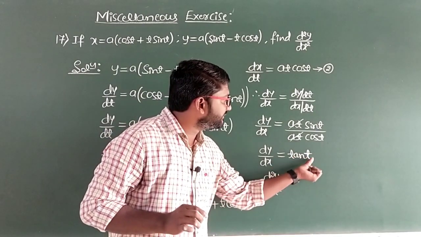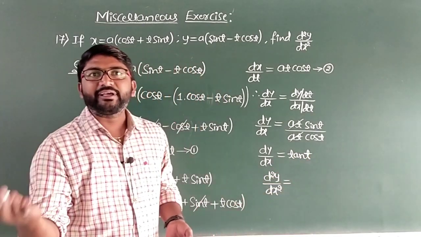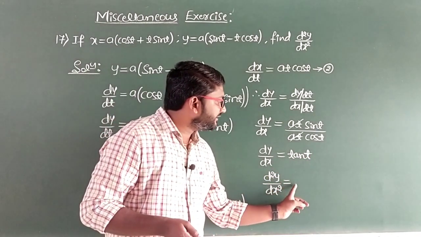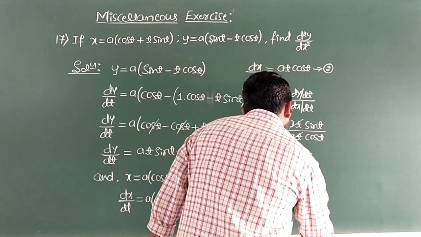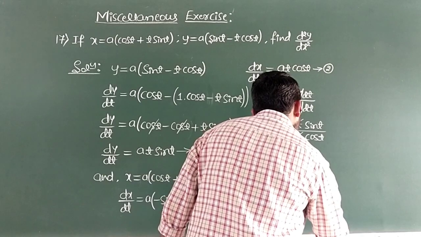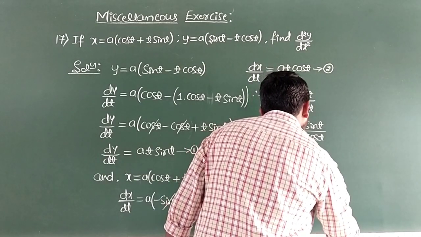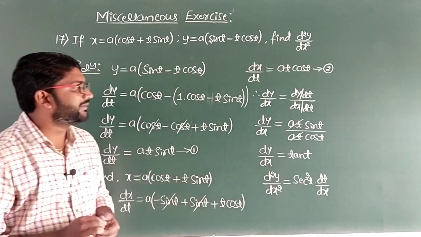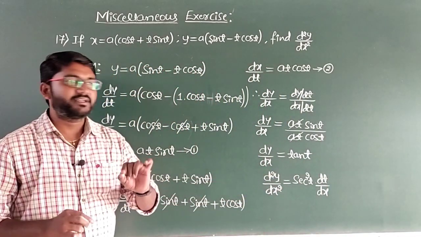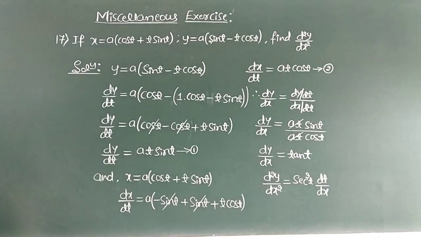But here we are differentiating t with respect to x, which means we have to write secant square t into dt by dx. Now we will have to substitute the value of dt by dx. Note down till here, and then I will go for the next step.